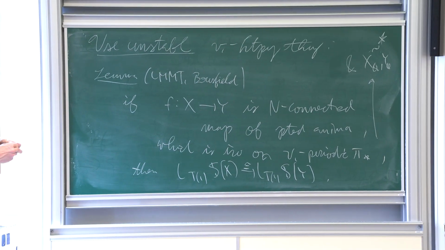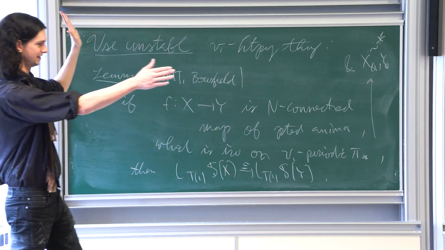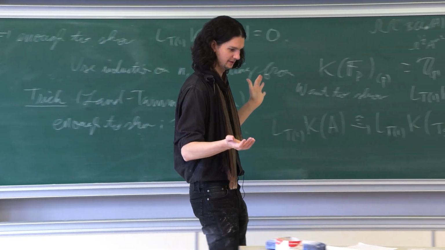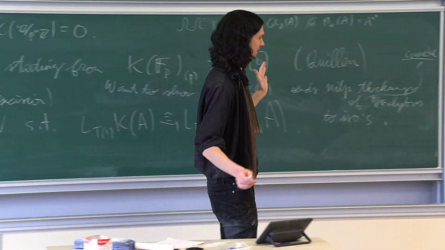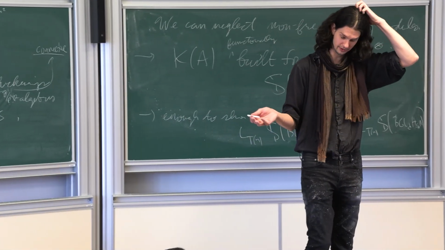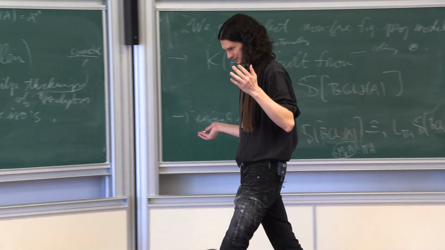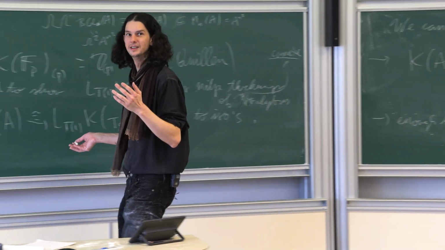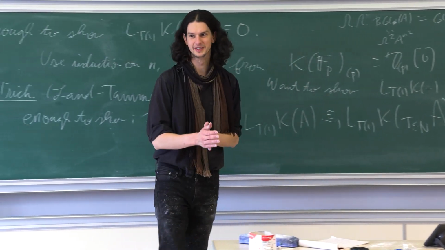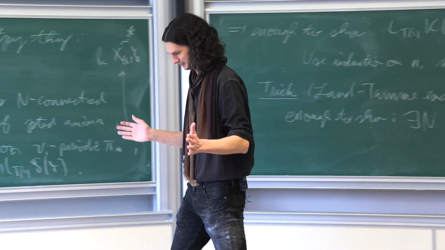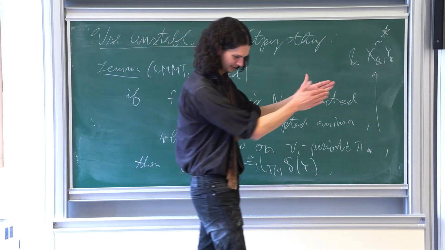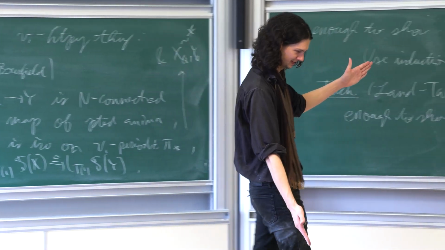So implicit in this part of the proof is a remarkable set of facts about V1 periodic homotopy, which is best encapsulated in something called the Bousfield-Kuhn functor, which, well, I think I'm going to have to stop. I'll have to revisit it. But the basic fact is that the V1 periodic homotopy of a spectrum actually only depends on the underlying pointed space.